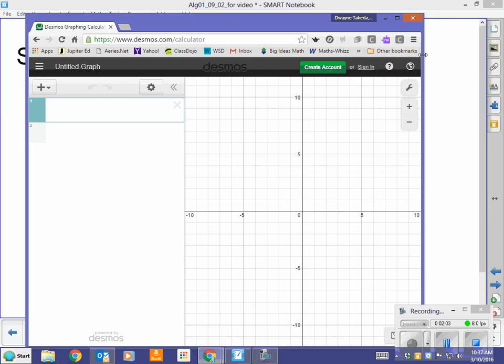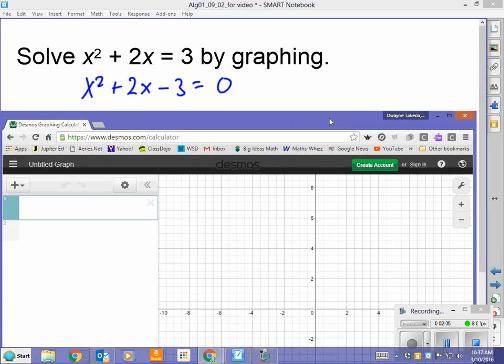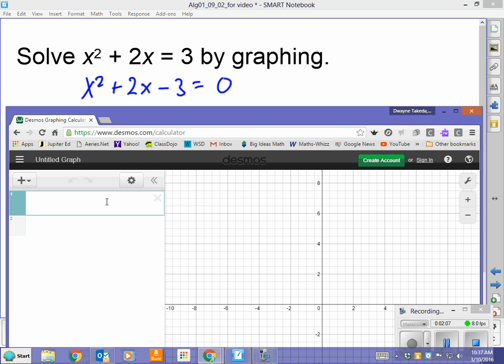So let me see if I can display both these things at the same time. So x squared plus 2x minus 3, and that can be equals y or when y equals 0.